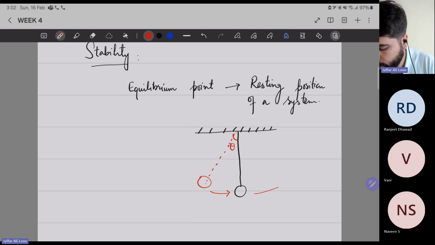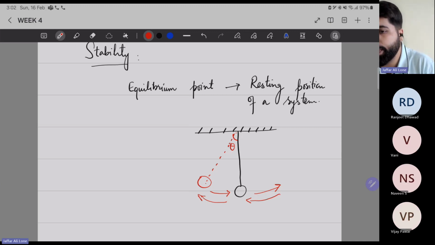It will go here, then come back, then here. But we know there is this friction which eventually will bring this pendulum to rest. So we perturbed this pendulum initially by angle theta, and with time, this pendulum came back to its original position, which we called the equilibrium point. So then we can say it is a stable system.